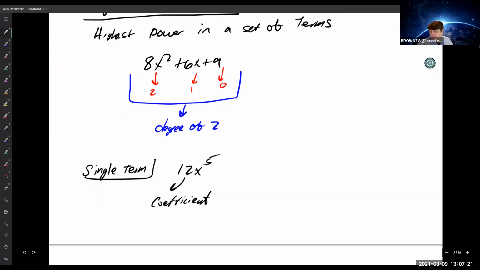Once again, probably stuff you're all fairly familiar with, just making sure we all have the same vocabulary. And then we have what we call the leading term, which is that highest power term.